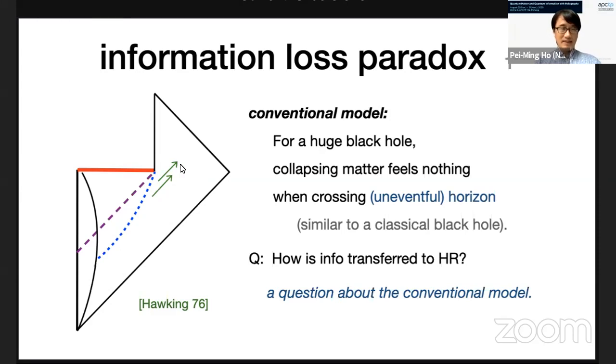So we simply cannot imagine how a low energy effective theory can provide a mechanism to transfer all this information in a region like our surroundings to some radiation. So that's the question.